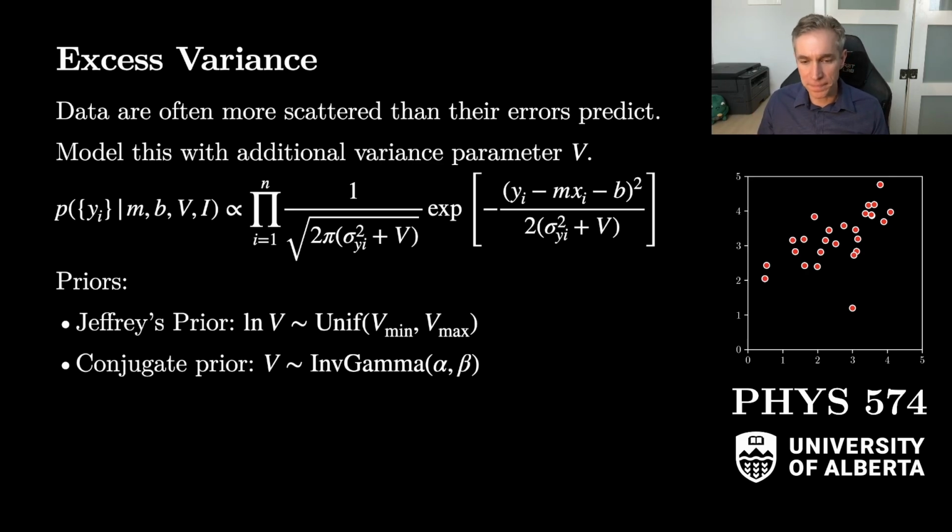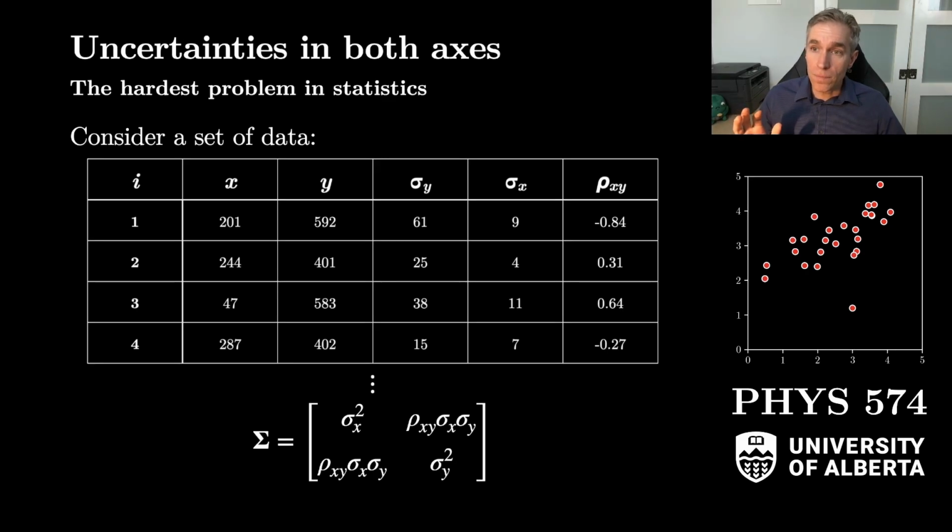Very reasonable. So now let's turn to the hardest problem in statistics, which is linear regression with uncertainties in both axes. This is often called the errors in variables method. I'm being facetious a little bit in saying it's the hardest problem in statistics, but there is a wealth of methodologies applied in this case, and many of them are correct under the specific circumstances for which they are applied.